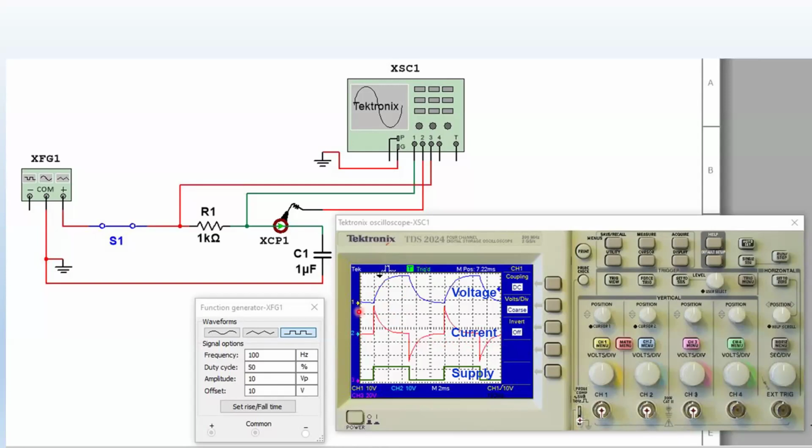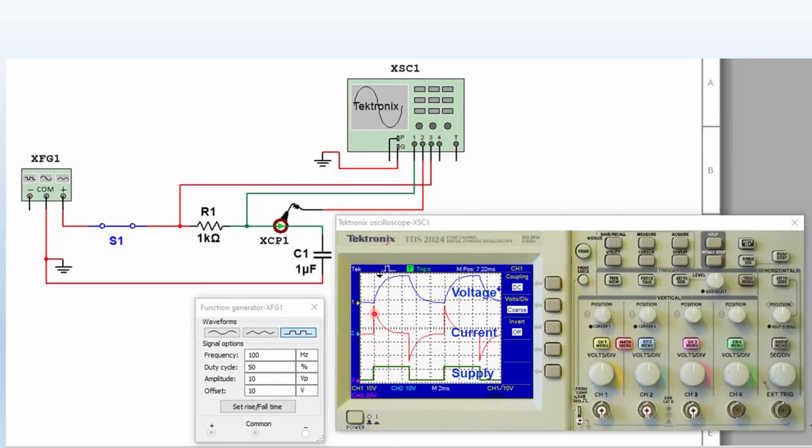Okay, so that's the capacitor. When you're looking at the capacitor, what goes first? What flows first? What appears first? Voltage or current? By looking at this graph right here, we get current appearing first, and then we get voltage.